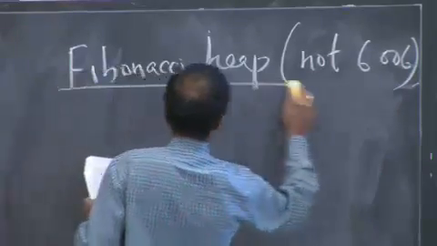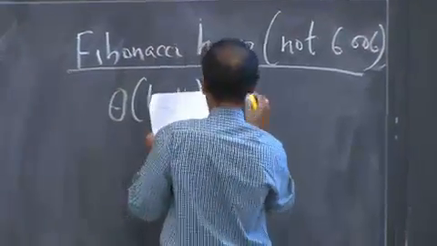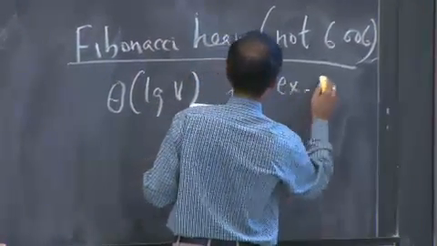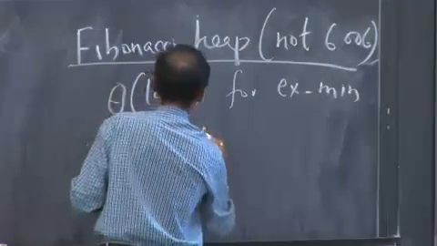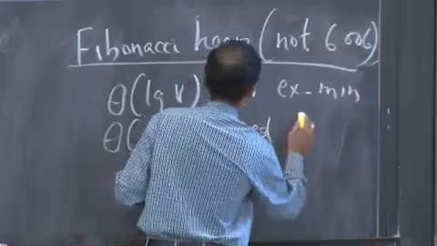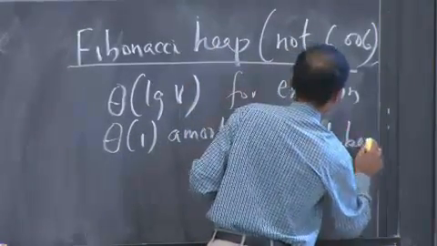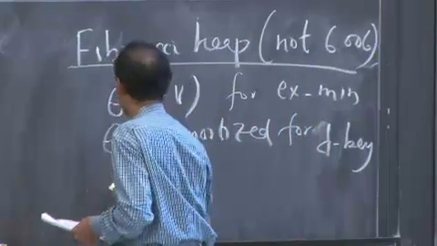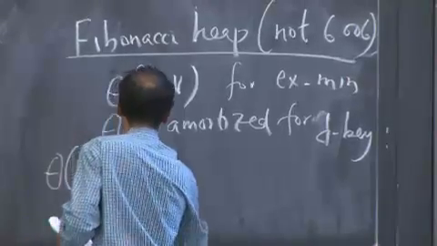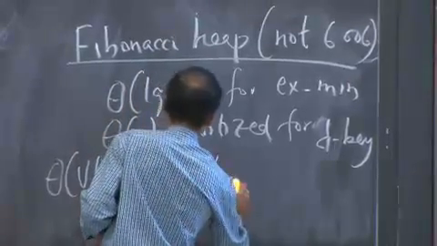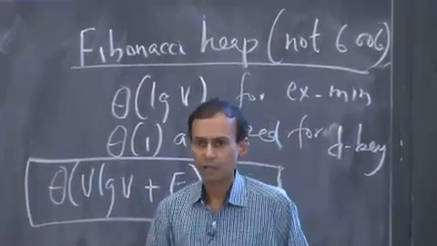The Fibonacci heap is an amortized data structure that has theta log V for extract min and theta 1 amortized time for decrease key. And what's nice about it is that once you do that, you end up with theta V log V plus E time. And that's the complexity I put up way back, I guess, last Thursday.